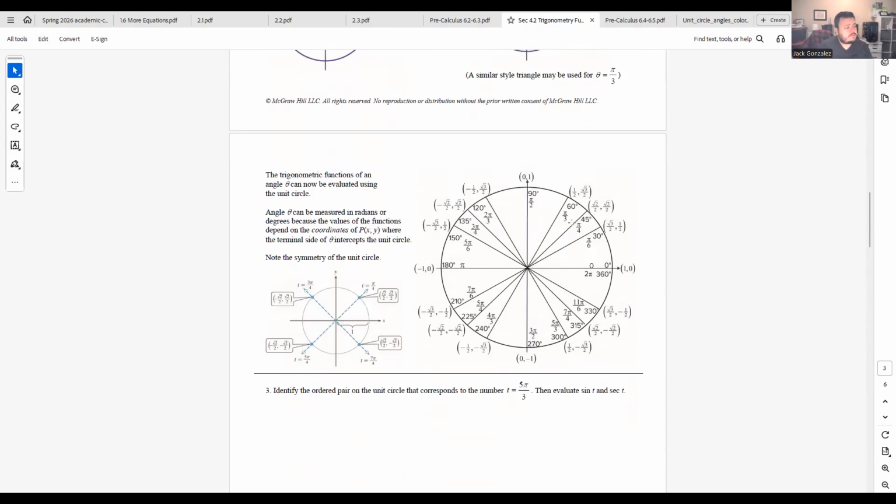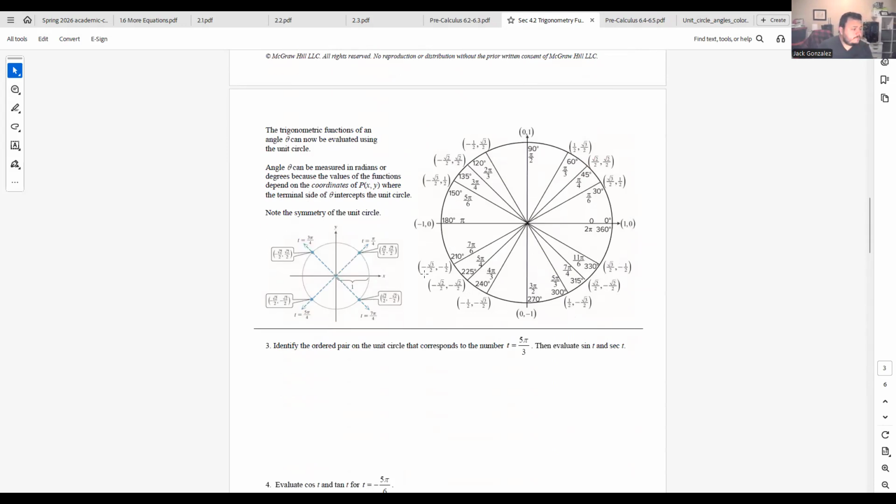Alrighty. This is basically what we're just saying. Here's P x y. It looks complicated, but it's not. Number 3, they say, identify the ordered pair on the unit circle that corresponds to t of pi over 3. So find the sine, find the secant.